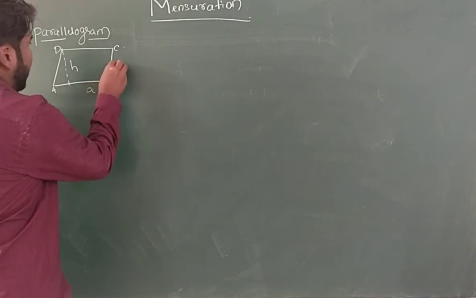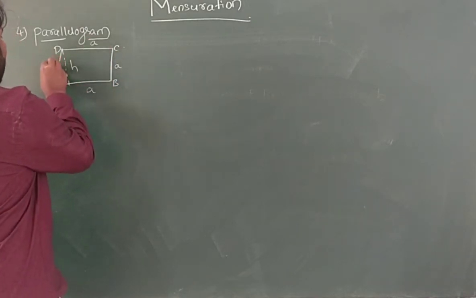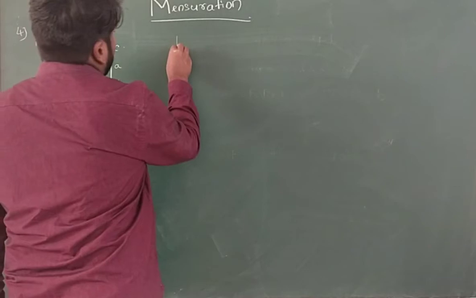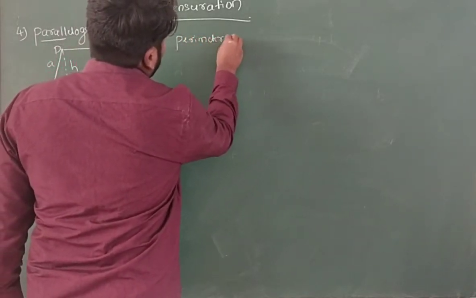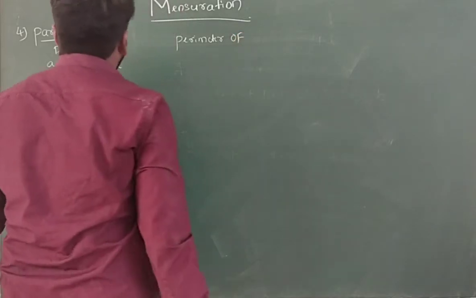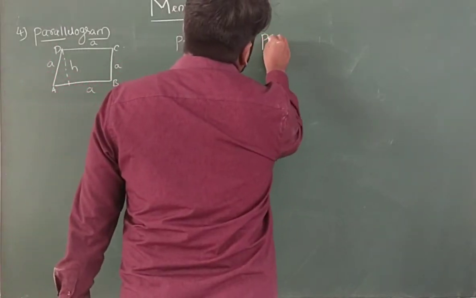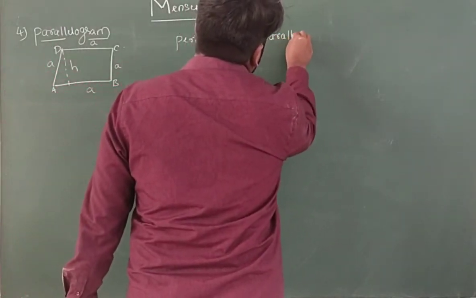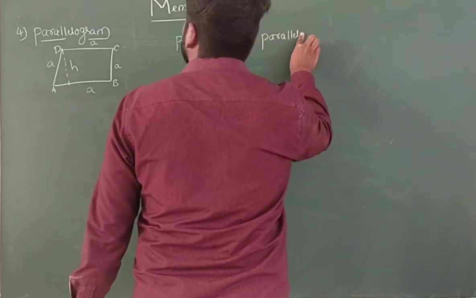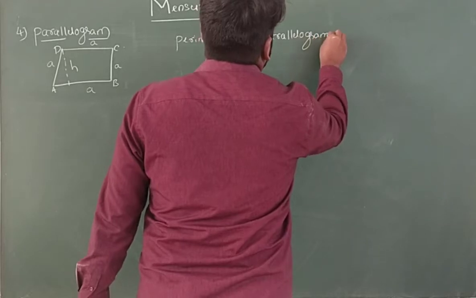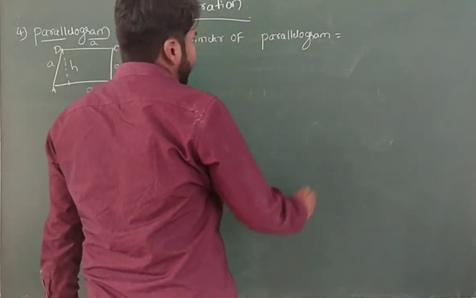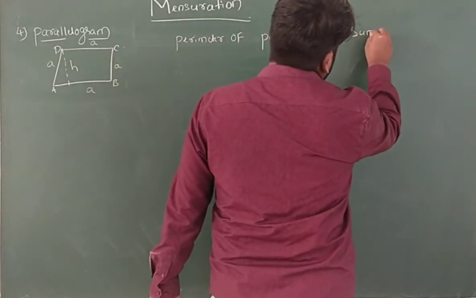This I will choose as A and A. Okay, so just write perimeter of parallelogram. Perimeter of parallelogram you are having as sum of 4 sides.